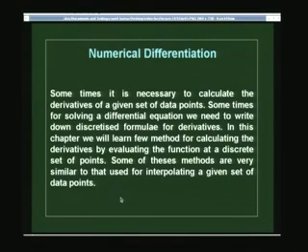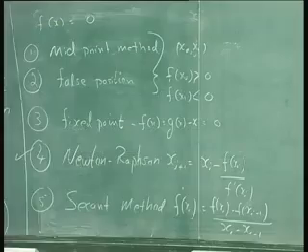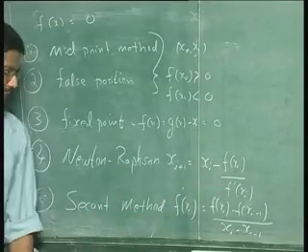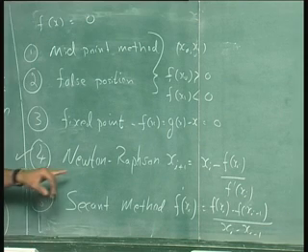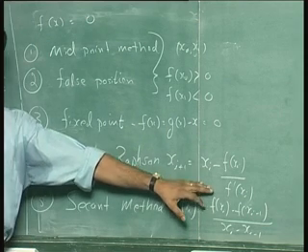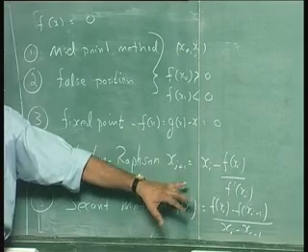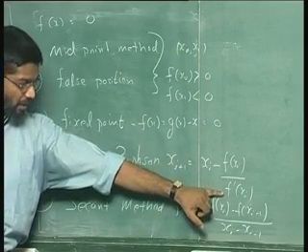As we saw in this particular method itself, in some cases we need to find the derivative of functions. In the case where we want to find the derivative, we don't have a functional form.